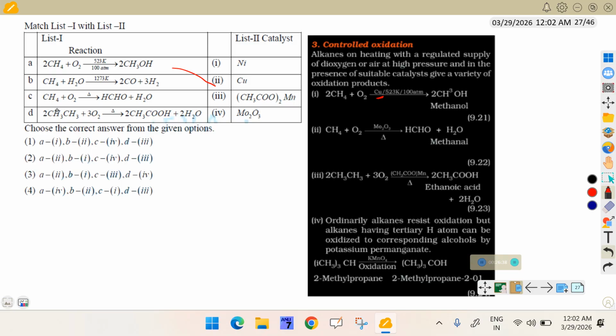Next one. CH4 plus O2 gives HCHO plus H2O. Use Mo2O3. A4, B2, C?, D? The correct option is the second option. For B it is 1 and for D it is 3.